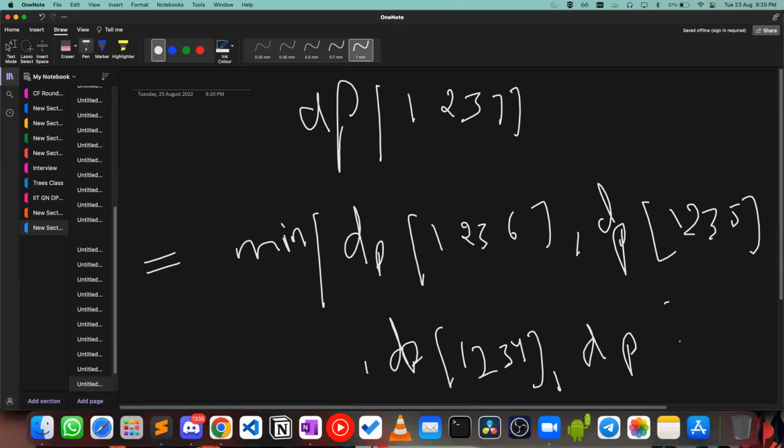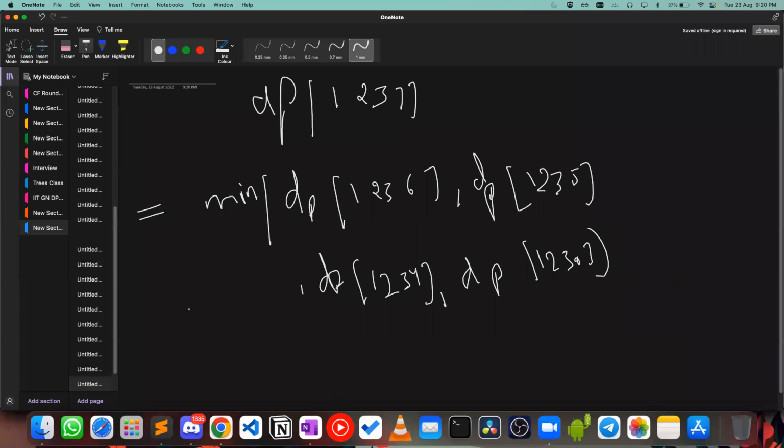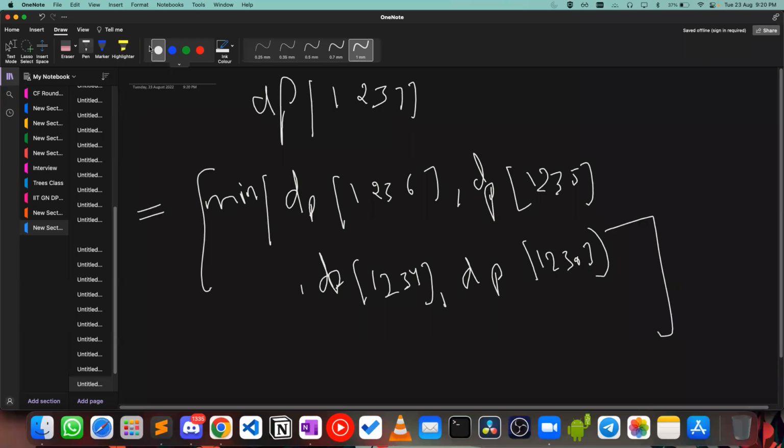And will I do a plus 1? Because I'm doing one operation, I'm taking one step. So will I not do a plus 1 in this entire thing to find dp of this?